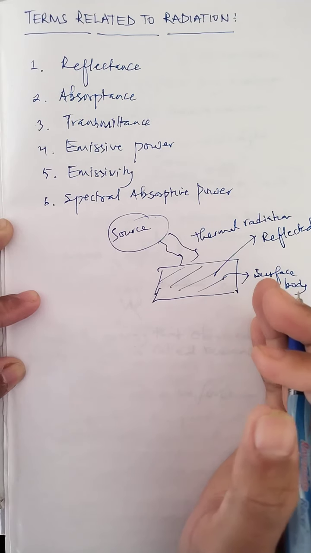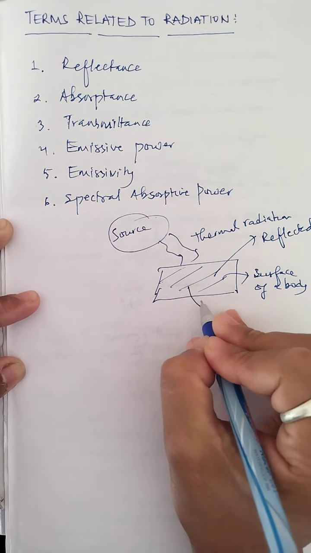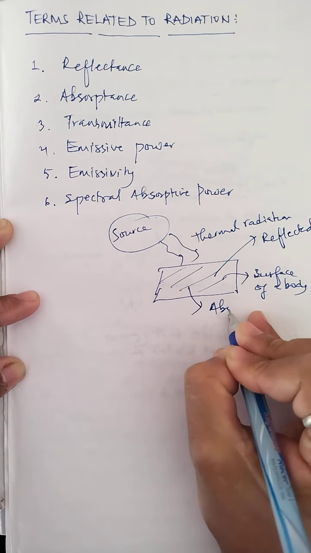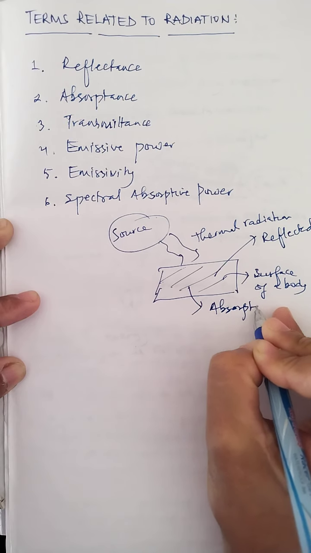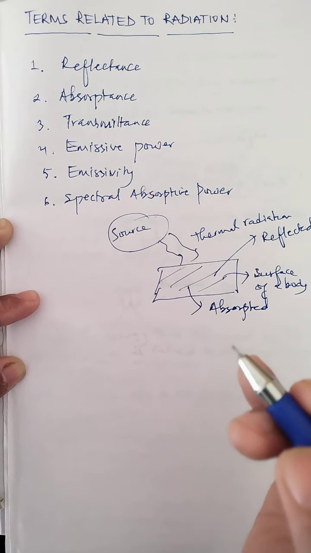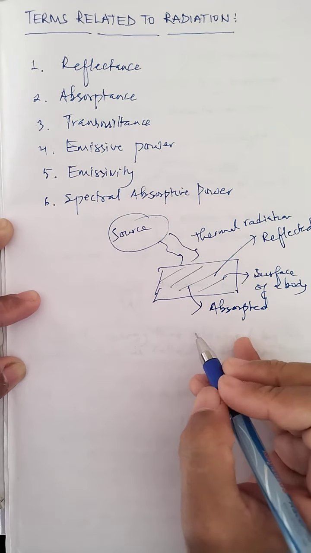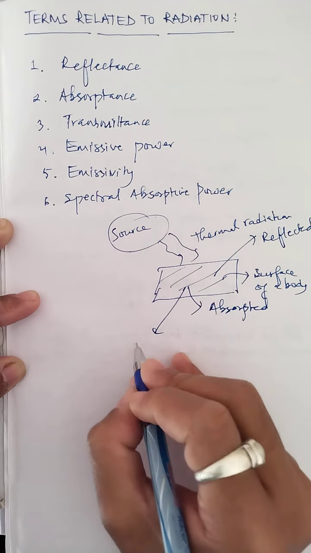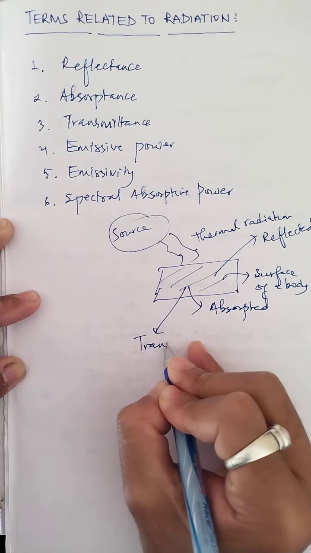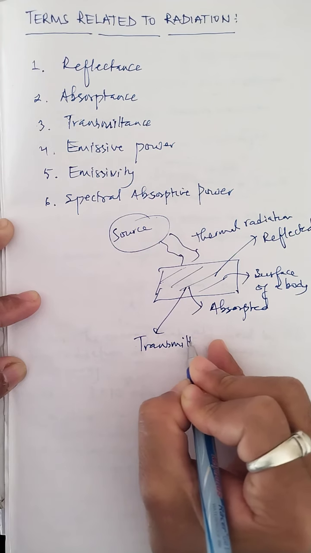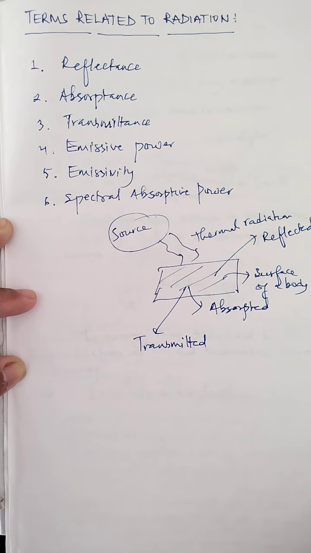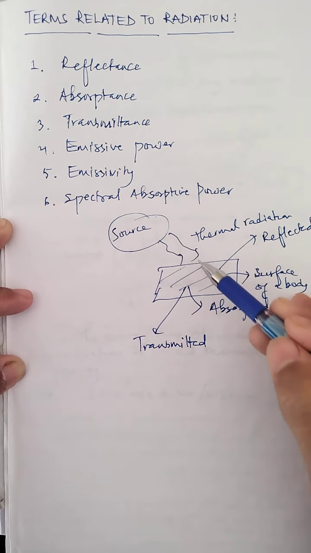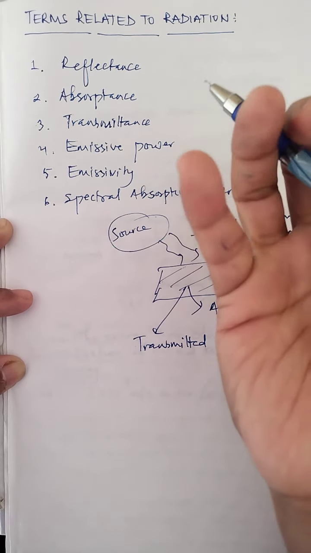There is reflection. Some amount of thermal radiation is absorbed by the surface, so absorption takes place also. And the remaining part of this thermal radiation is transmitted by the surface.